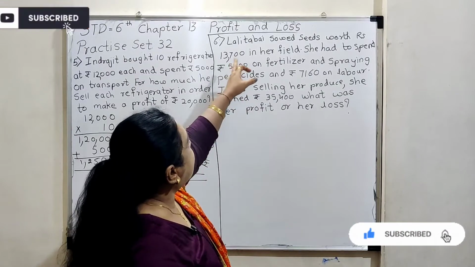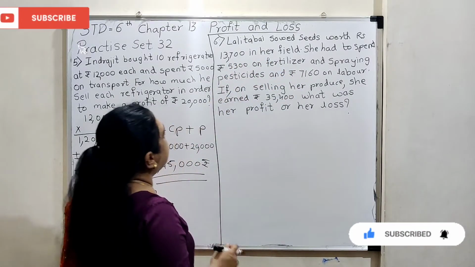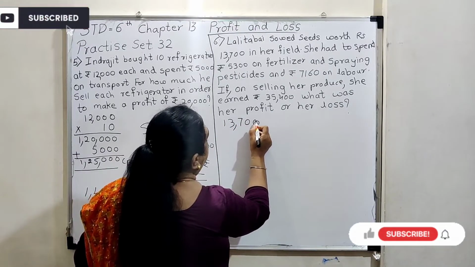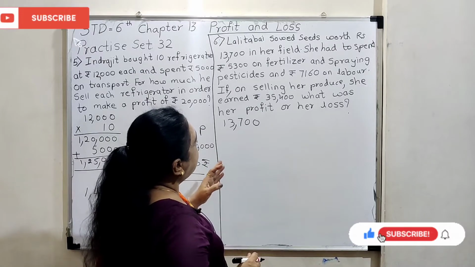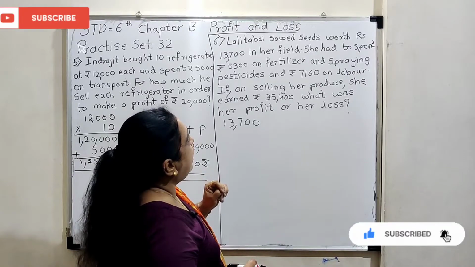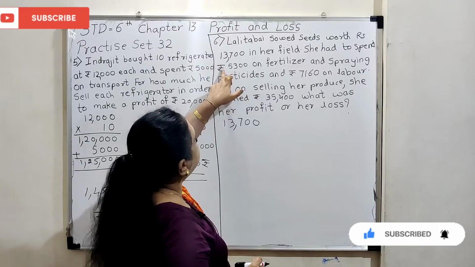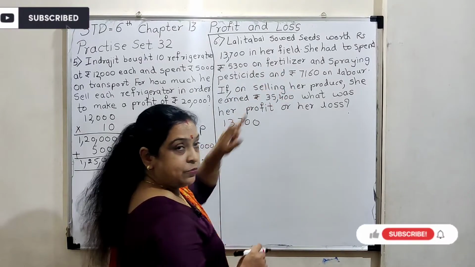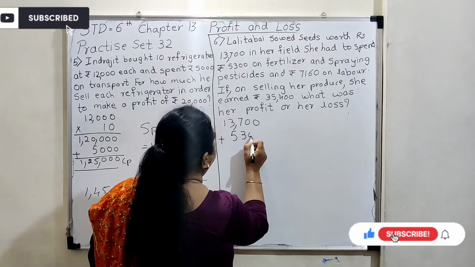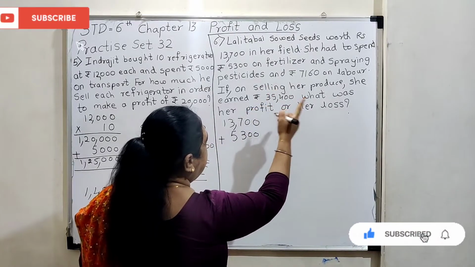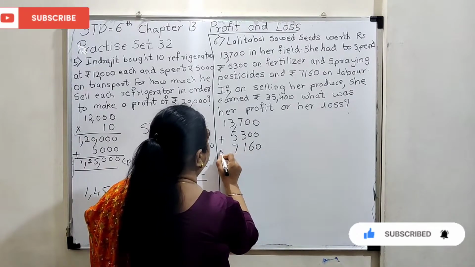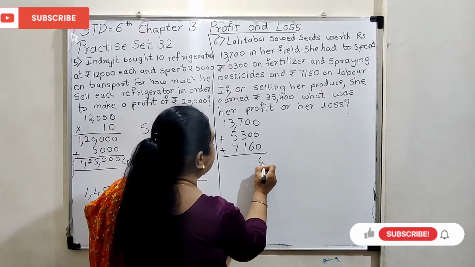First of all, Lalita Tai sowed seeds worth rupees 13,700. She had to spend rupees 5,300 on fertilizer and spraying pesticide and 7,160 on labor. So we have to add all this.